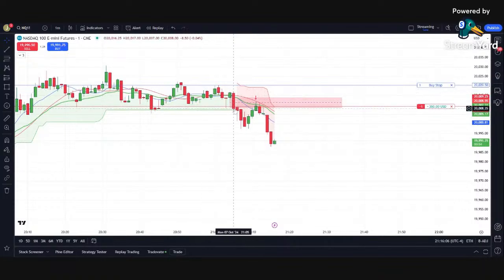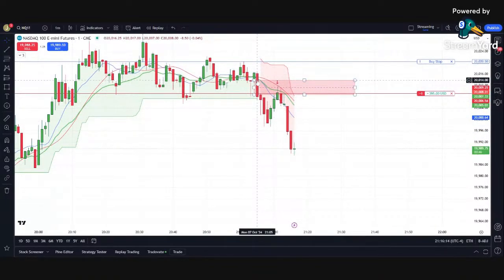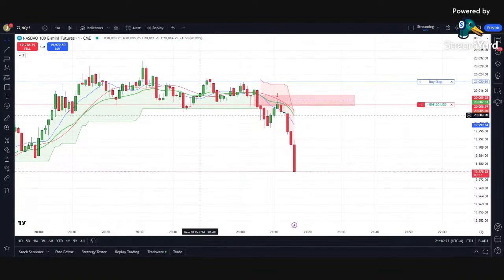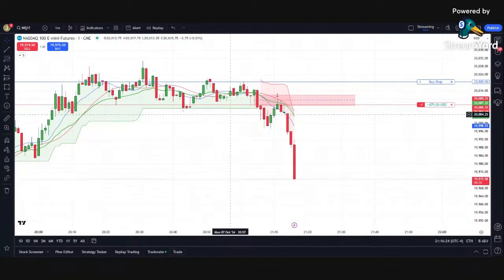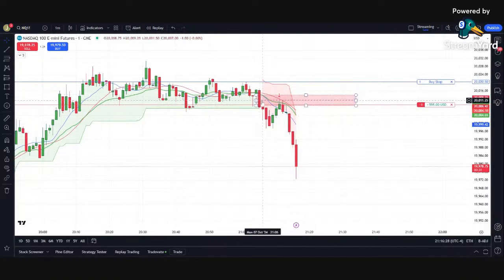My displacement is supported by a shift of Supertrend. If we are only here, this one candle, I will not consider this a displacement because we did not break this area or create a market shift. I will consider it a displacement once there's an additional candle.